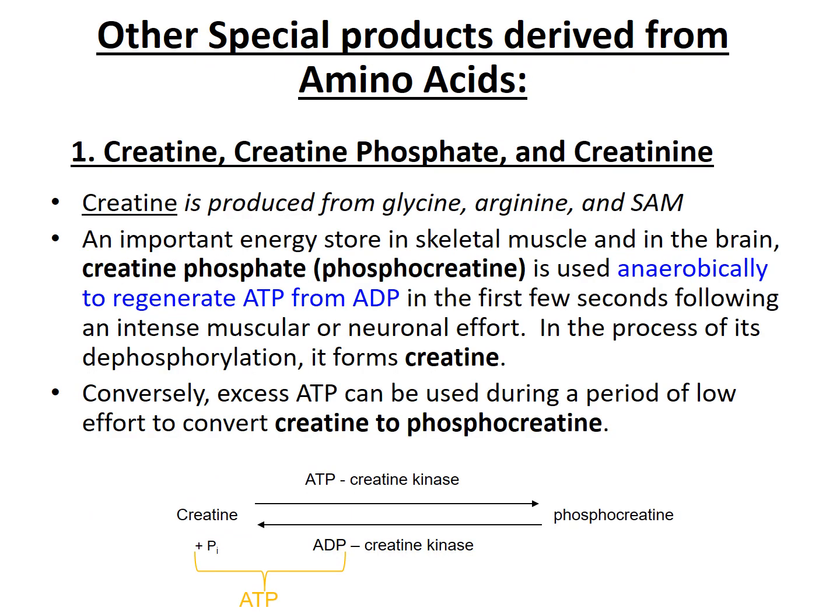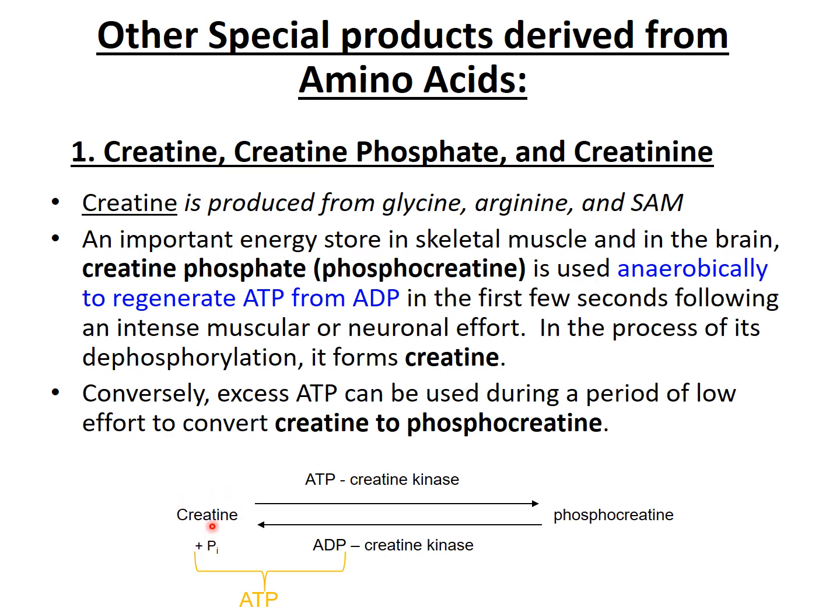What other molecules can be produced from amino acids? Creatine phosphate, creatinine. You may recall creatine is a very important molecule which is produced from glycine and arginine, and methionine. A methyl group is coming from methionine in the form of S-adenosyl methionine.